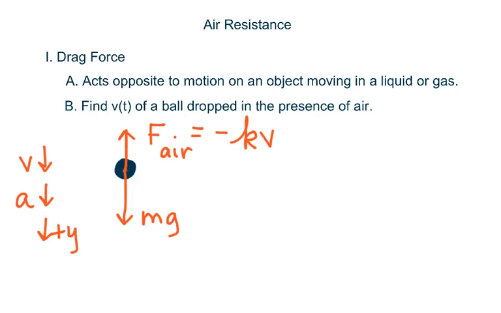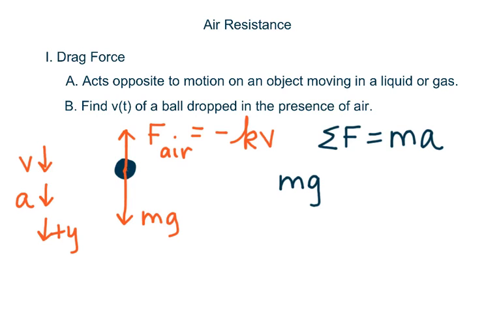Now I'm going to apply Newton's second law to this ball as it is falling downward. I'm going to add up the forces acting on the ball in the vertical direction and set it equal to ma. Now there are two forces acting on the ball. One is the weight, which is acting downward and is therefore positive.